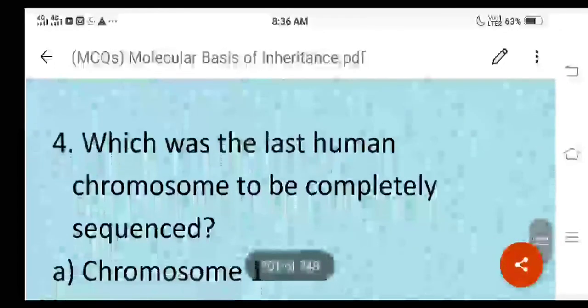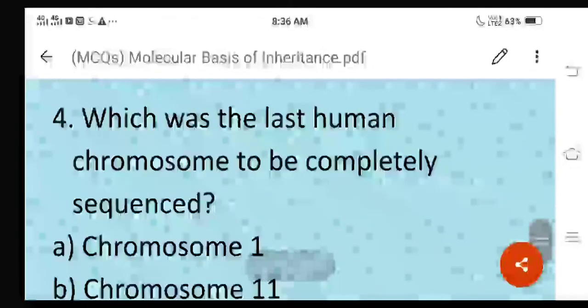Then let us move on to the next question. Question number 4: which was the last human chromosome to be completely sequenced?